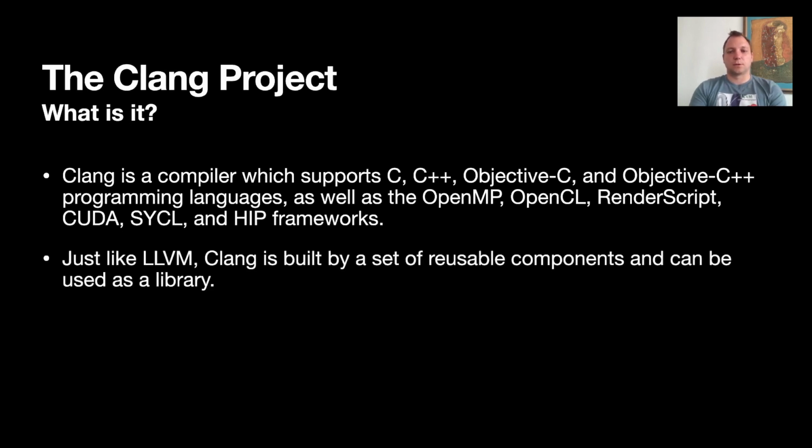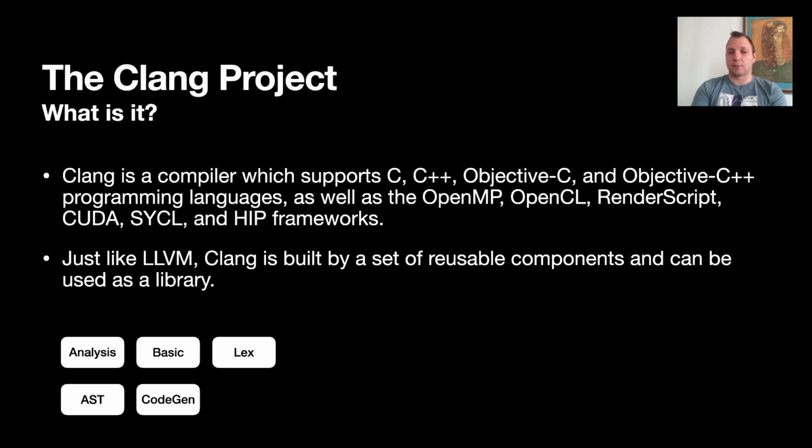But what people normally think about Clang is that it is a binary that you feed some information and get something out of it. However, Clang is more than that. Clang is more like a platform where we can build tools on top, just like LLVM. Clang is built of a set of reusable components and can be used as a library as well.